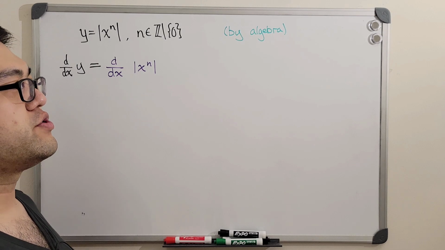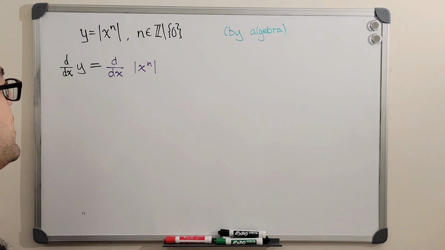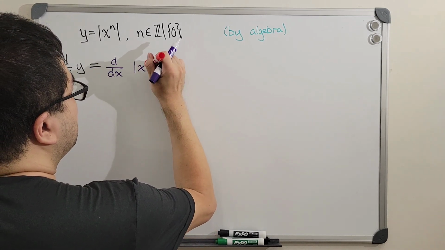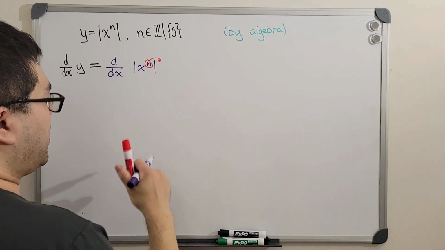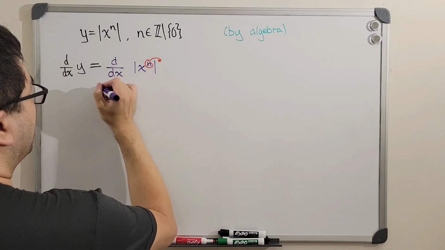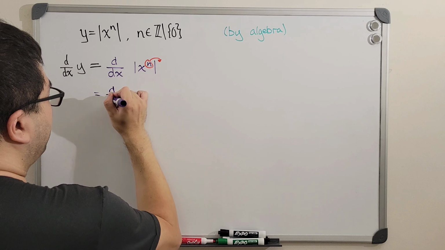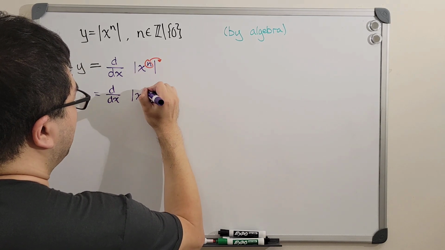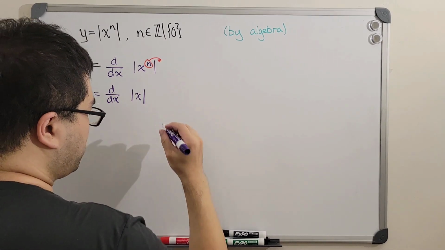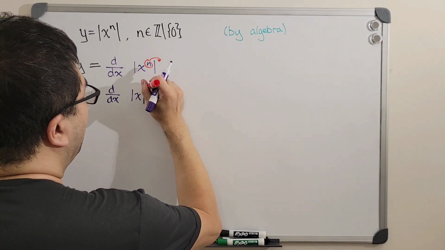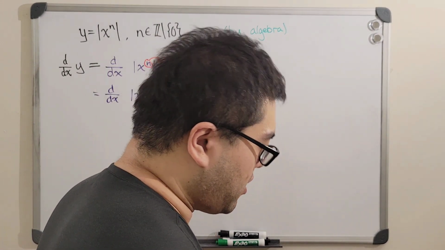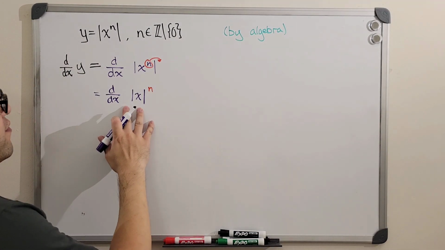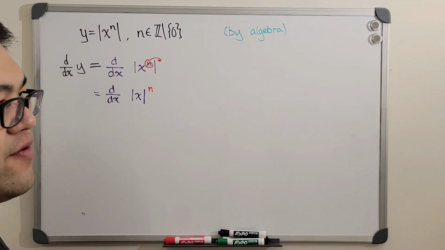At least it works for any real numbers, which is when we have the power here that is non-zero, we can take that power out such that we get the following: d over dx of the function, which turns into the absolute value of x only, and again we will just bring the n to the outside of the absolute value. Okay, now we're going to think of the absolute value of x as just some other variable u.